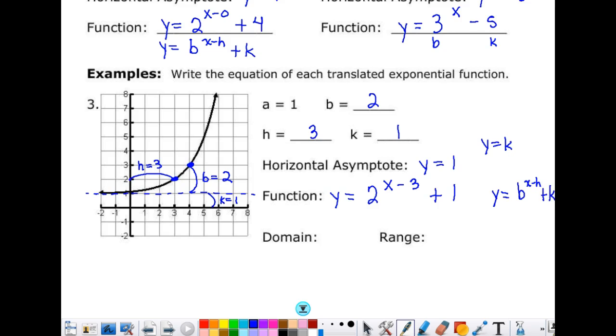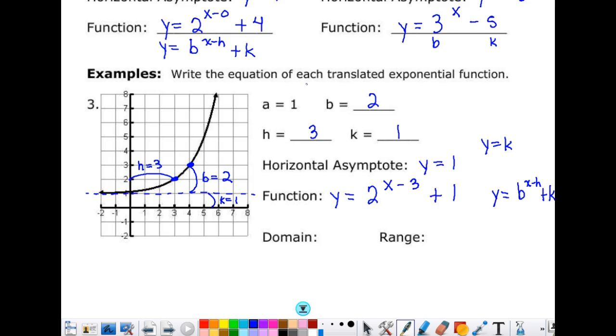Now, what we haven't talked about yet is domain and range, but they're going to be easy. So let's talk about domain. Domain is how wide is your graph? What x's does your graph take up? So where's my graph going here to the left? Negative infinity. Where's it going to the right? It's going to infinity.